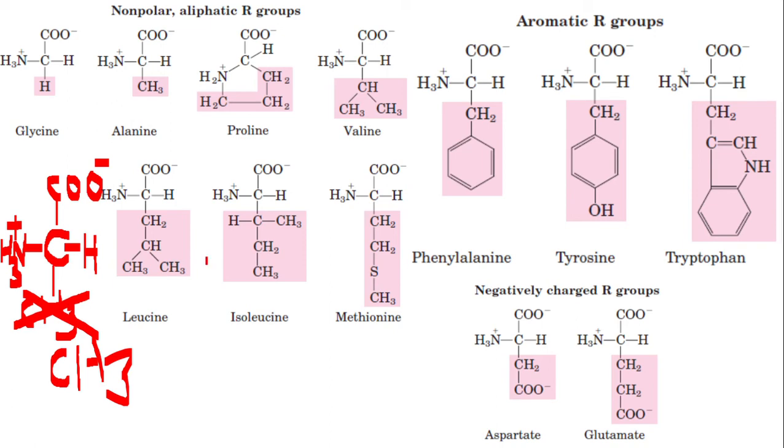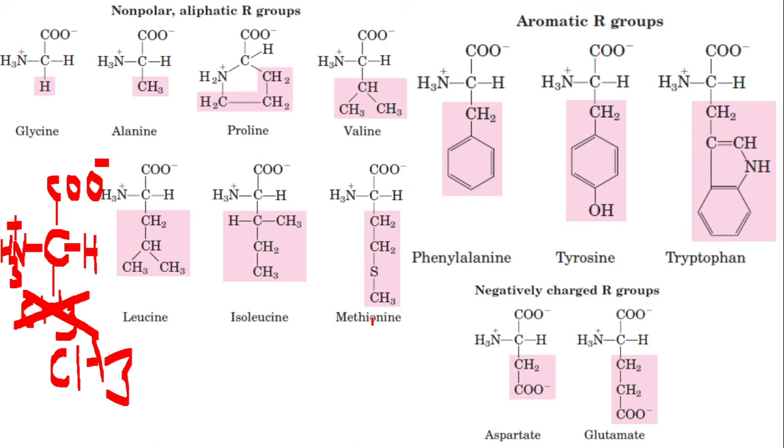But in isoleucine, branching is on carbon number 3. 1, 2, 3. Okay, this is isoleucine. These are actually isomers. And we have methionine. Remember, there are only 2 amino acids which contain sulfur atoms, and this methionine is one of them. What is its R group? CH2, CH2, yes, CH3.